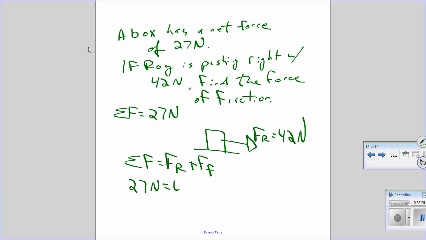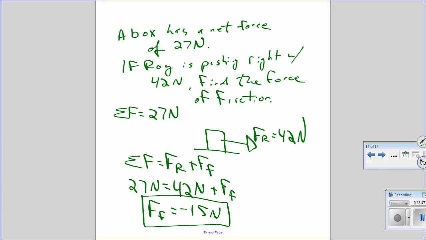That equals the force of Roy, 42 newtons, plus force of friction. Subtract 42 and you find that your force of friction is 27 minus 42, which is -15 newtons. So there's your force of friction. Make sense? There are a couple problems on the homework like that, where you know the net force. Good?